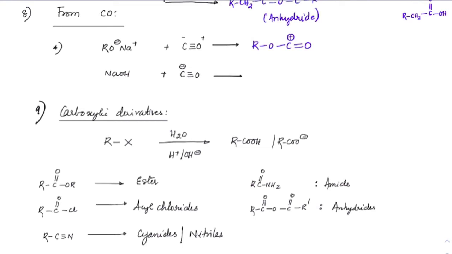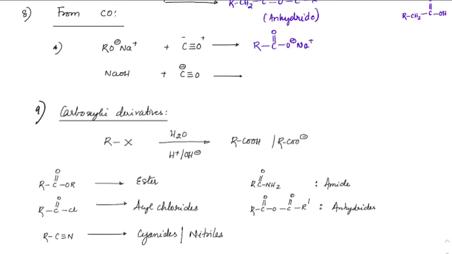Okay. Now, once you have this, similarly think about how the Wolff rearrangement is happening here. So instead of carbon on this side, we have oxygen. So R will migrate onto this and this will get O minus formation. So in that case, what do we have now? R, C double bond O, O minus and Na plus.